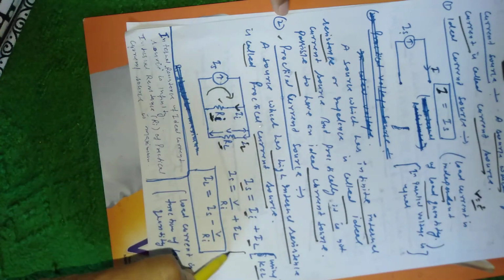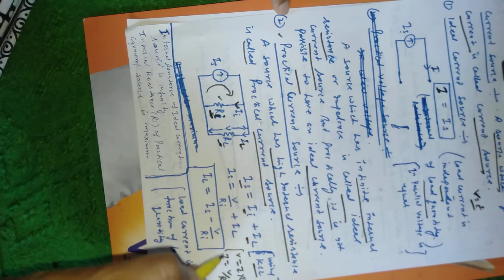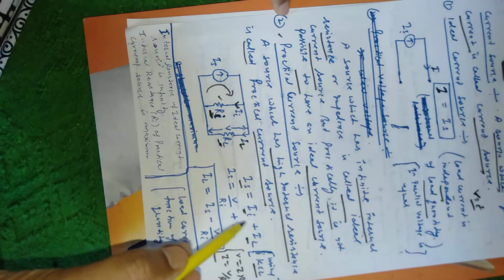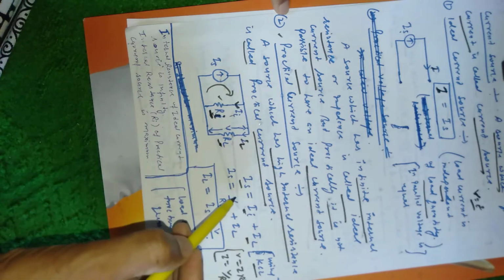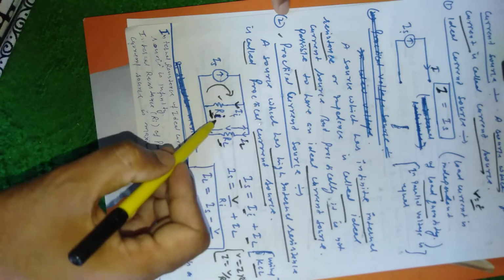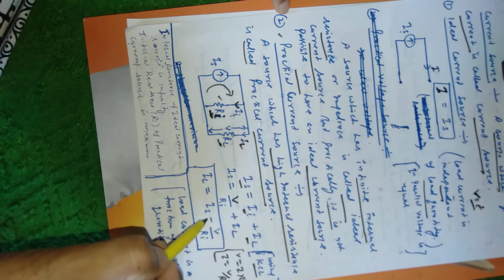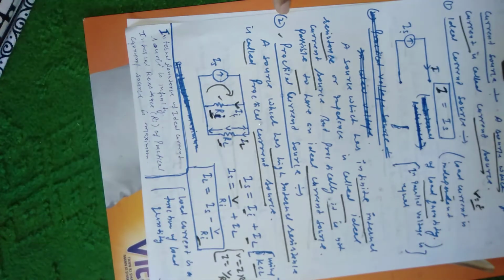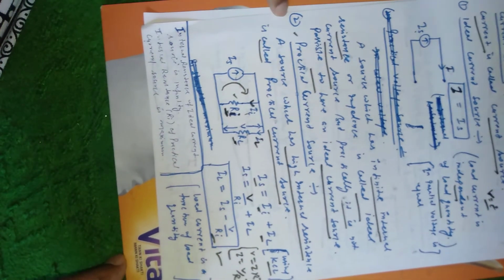We know Ohm's law, V is equal to IR, and I is equal to V upon R. So II becomes output voltage V upon resistance RI, plus IL. So IL is equal to IS minus V upon RI. This is the equation of the load current in case of practical current sources.